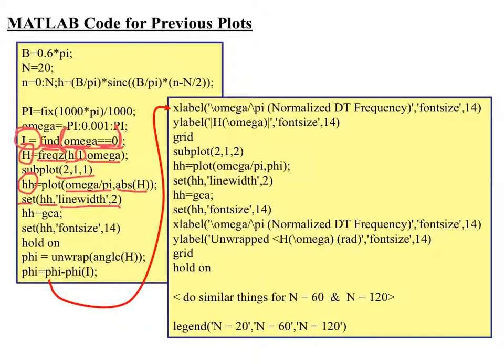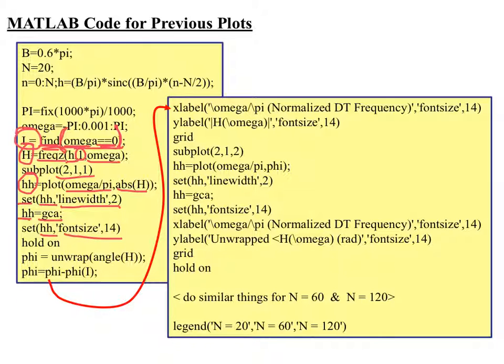And then the next thing that I do is another thing called GCA, Get Current Axis. That has to do with the axes around the plot, not the plot itself. So I set that to HH, and now I do a set command on that, and I change the font size to 14 because I find that the fonts are a little bit too small for making nice PowerPoint.